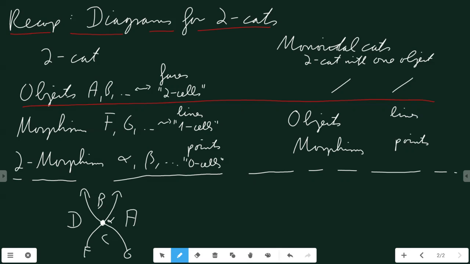And on the other side, the picture gets a little bit easier. It's basically the same, but now I ignore the coloring of the faces because I only have 1 object to begin with. So something like that would be a picture in a monoidal category. And I'm going to use these for basically the rest of the talk.